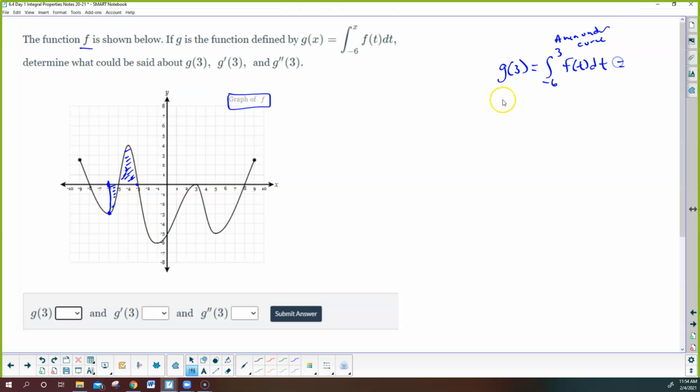Well, they're not looking for a specific number. Well, notice I have more positive area than I do negative. So G of 3, we know for sure, because it's going to be more positive area than not, that this answer is positive.